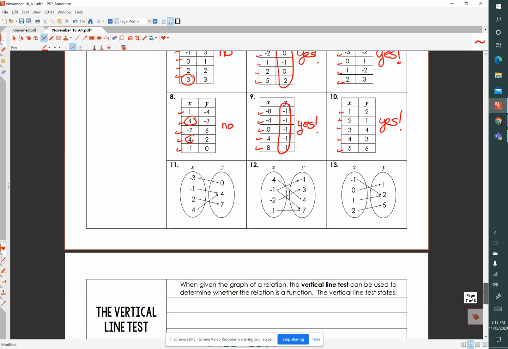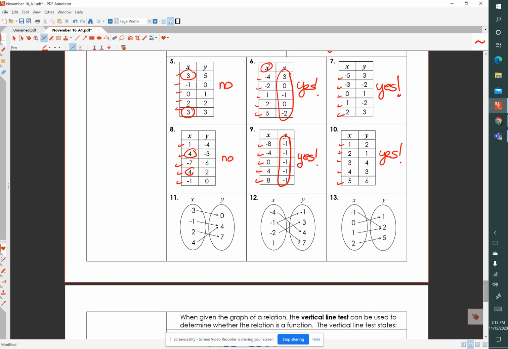Same question, but this time we're looking at mapping diagrams. Is each x value mapped to only one y value? Well, looks good because it's okay that a y value is mapped to two x values as long as each x value has an individual y value. So that is a function.